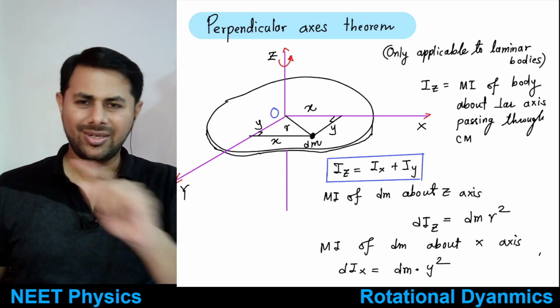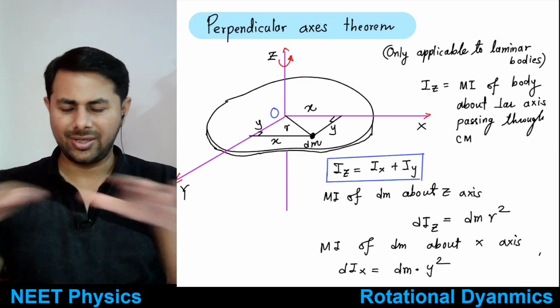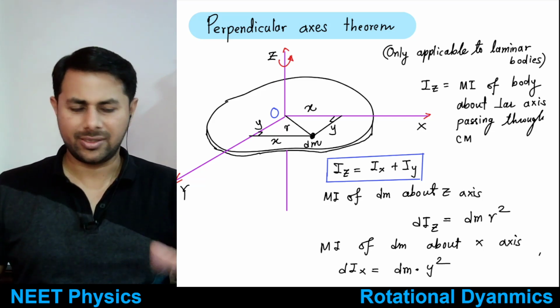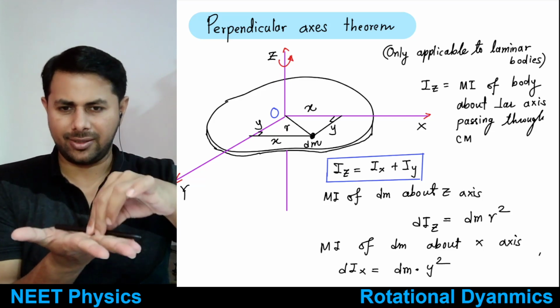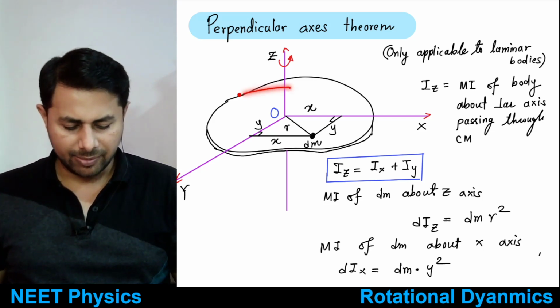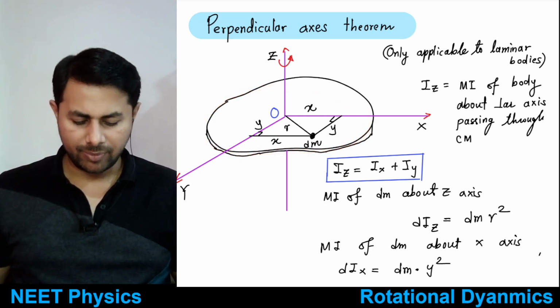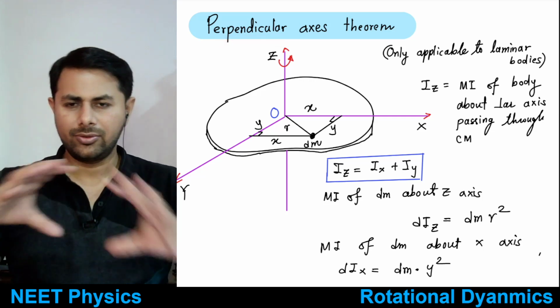For an example, a ring or a disc, these are planar objects. A thin rod is also a planar object, you can keep it in a plane, right? So this is applicable to planar objects. It's not applicable to solid objects. So don't try to apply perpendicular axis theorem to solid objects.